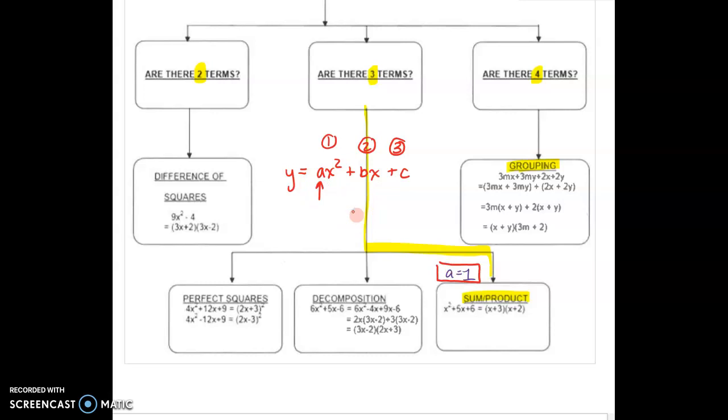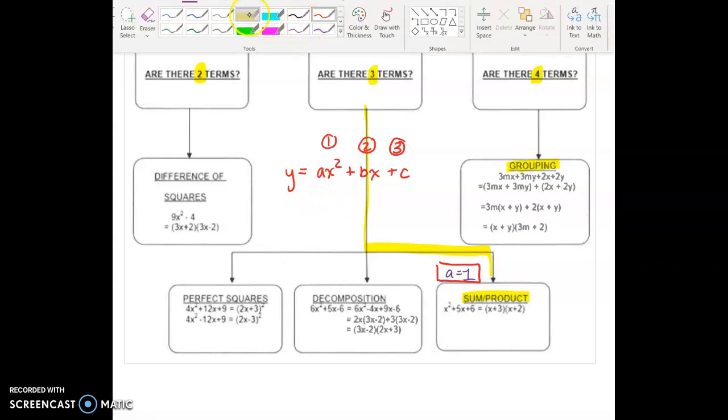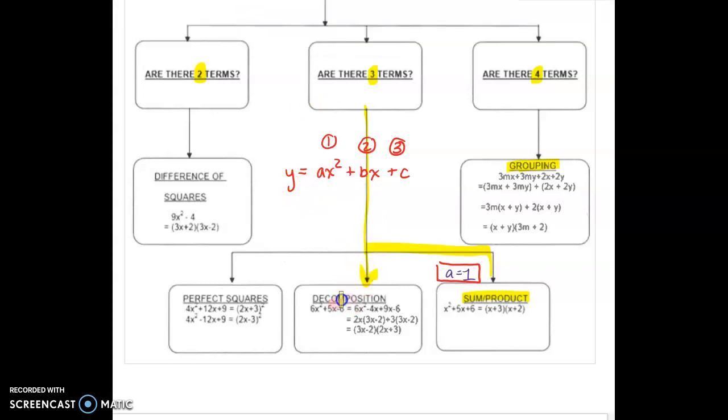In today's lesson, we're now going to change that, and we're going to look at the second method here, this middle one, called decomposition. And that is allowed for any trinomial, but specifically, more people use it when a value is not equal to 1.